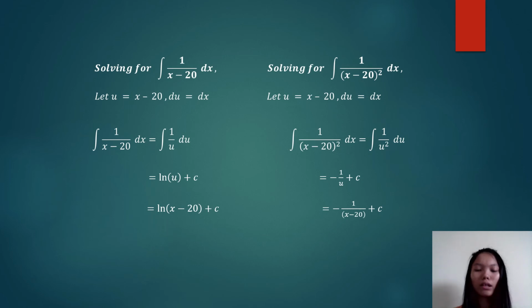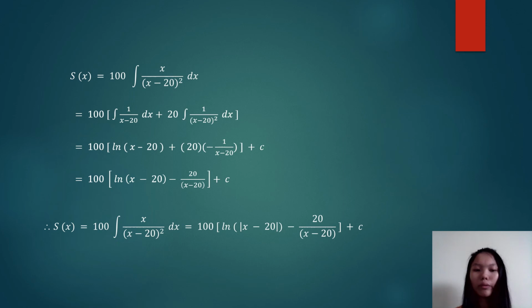For now, we need to solve these two integrals. We let u equals x minus 20 and du equals dx for both integrations. So we get ln|x minus 20| plus C for the integral of 1 over (x minus 20) dx, and negative 1 over (x minus 20) plus C for the integral of 1 over (x minus 20) squared dx.